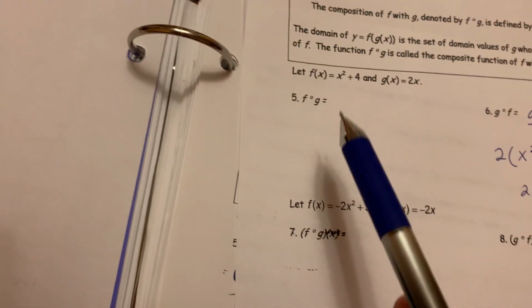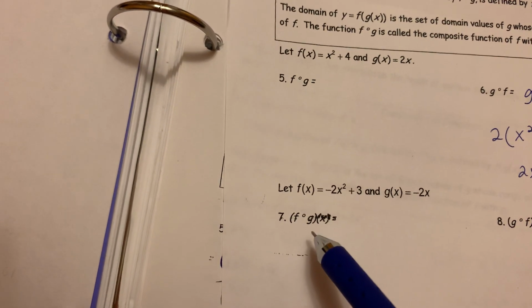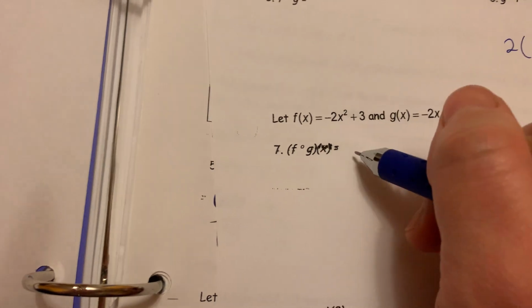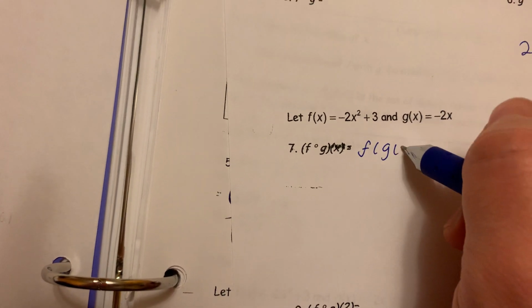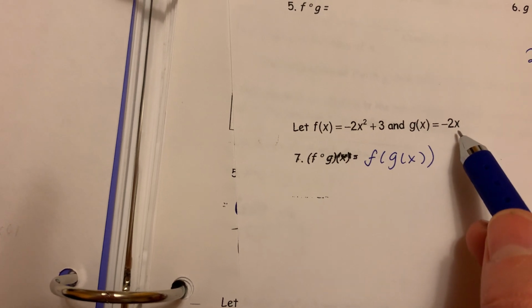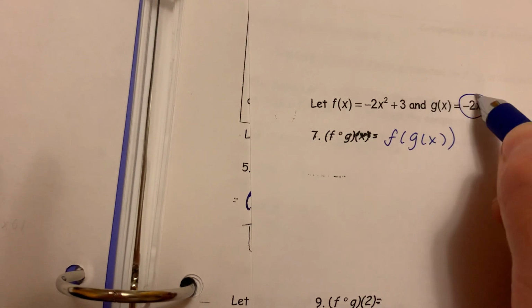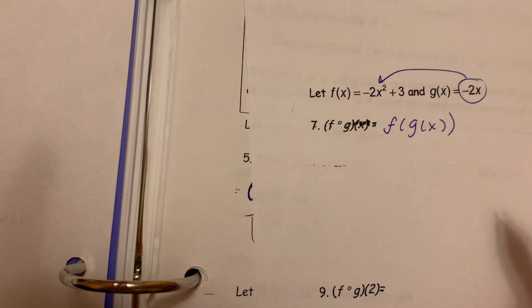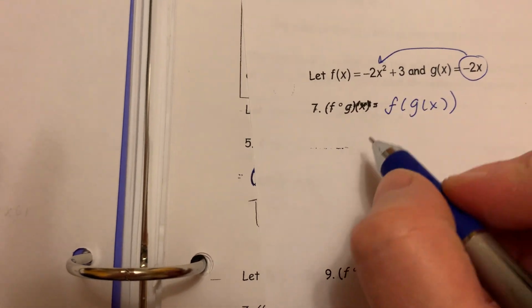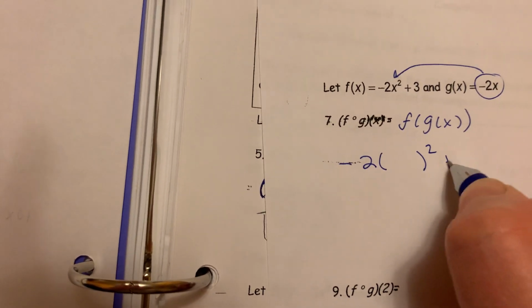Here, it's the same thing. The notation is just a little bit different. It depends on the textbook you get, which notation you get. So this is the same thing as saying f of g of x, so we're going to do it again. So x is going to go into g. Well, then you get negative 2x, and then that negative 2x is going to go into f. So f is your outermost function. It's going to be negative 2 times the quantity x squared plus 3.